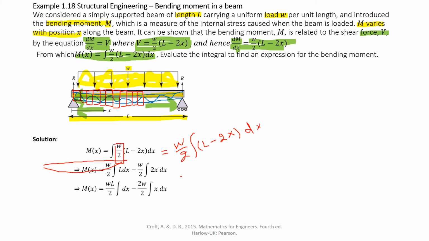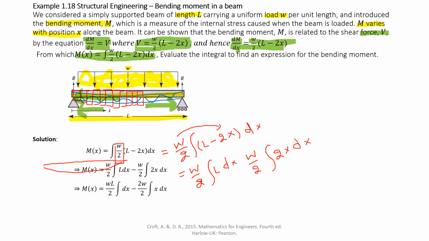Okay, and after that W by 2, and we split this into two integrals, dx, and of course the W by 2 will be multiplied here, W by 2 integral 2x dx.